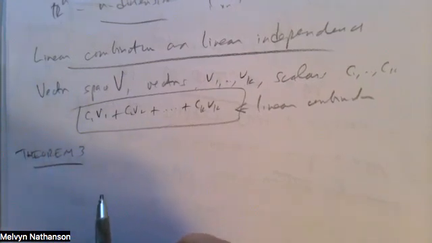And theorem 3 tells us something about one method to construct a subspace of a vector space.